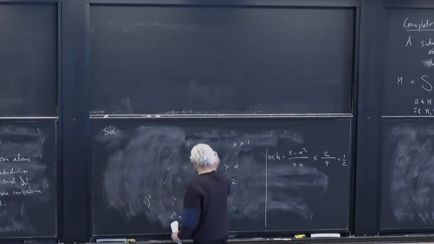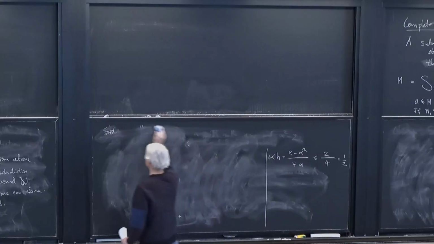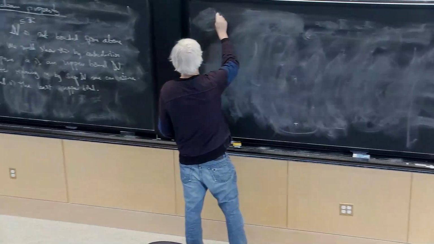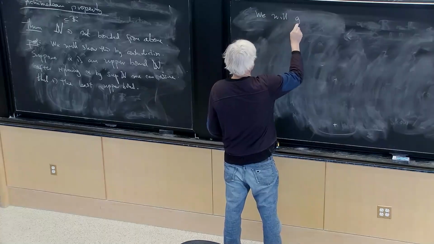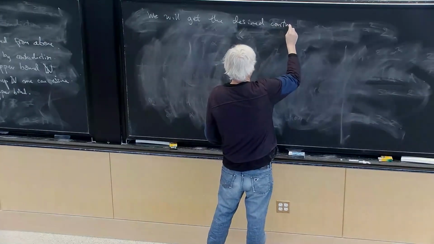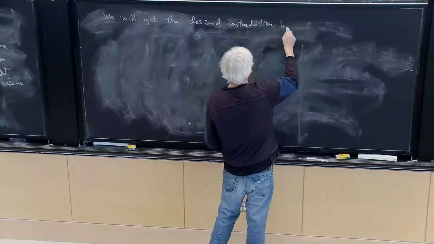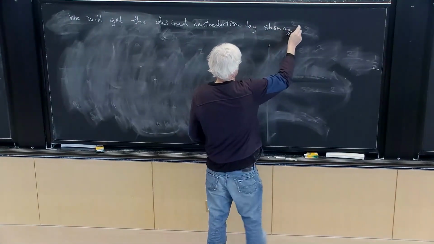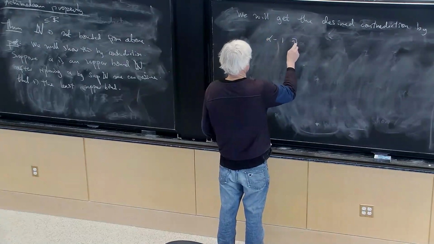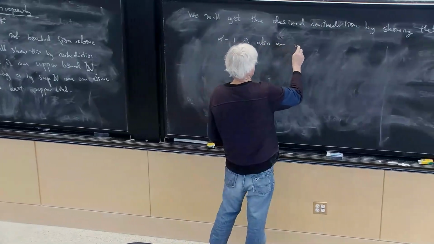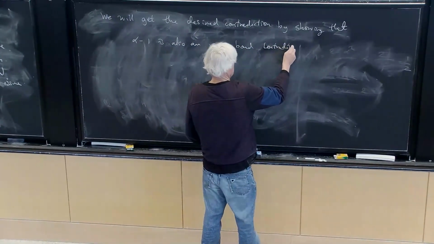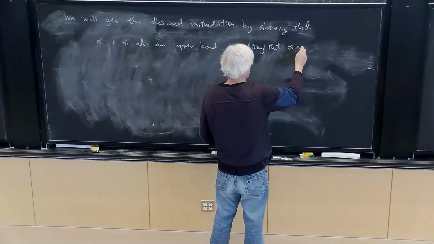So we will get the desired contradiction by showing that alpha minus 1 is also an upper bound, contradicting that alpha was the least upper bound.